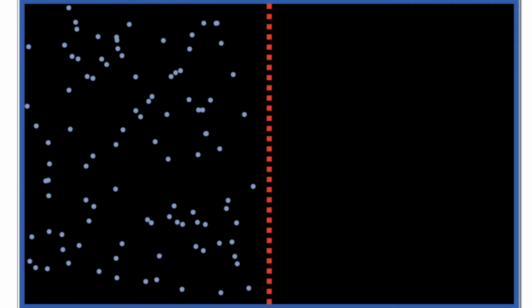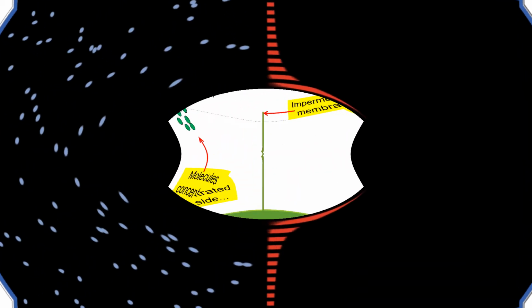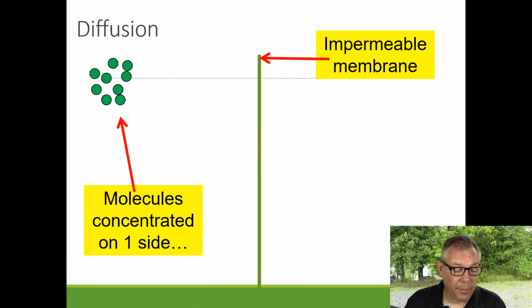And so what happens when they start to move? You see that they spread out evenly on one side, but not the other side because they can't cross the membrane. And so here again is what we just saw.